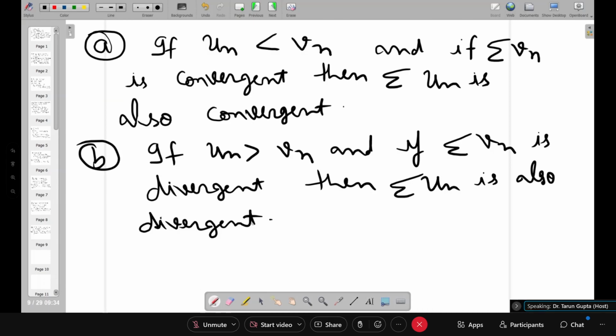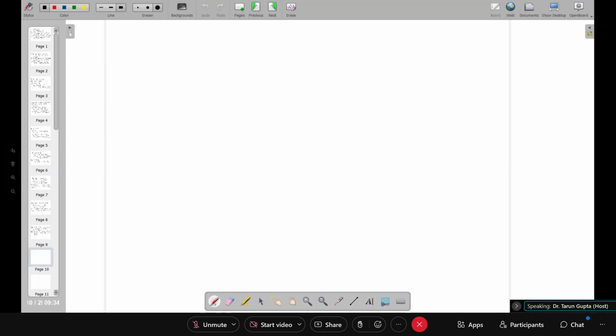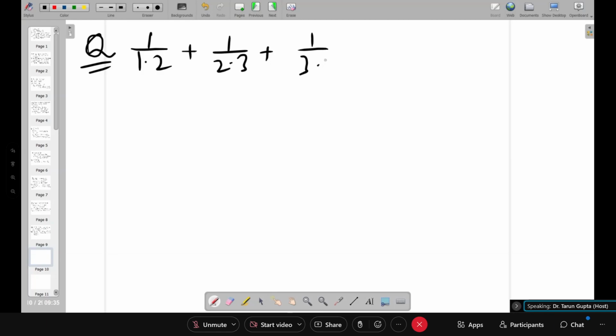Suppose this is the series, the same question: 1 upon 1 into 2 plus 1 upon 2 into 3 plus 1 upon 3 into 4, and so on.